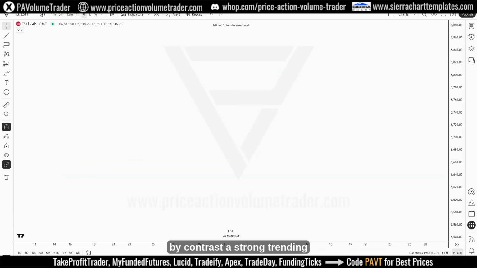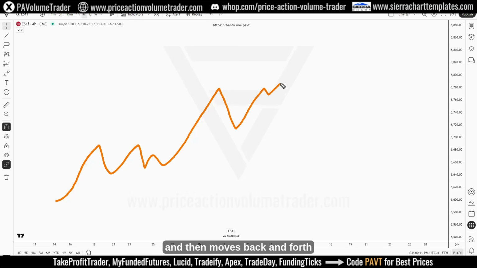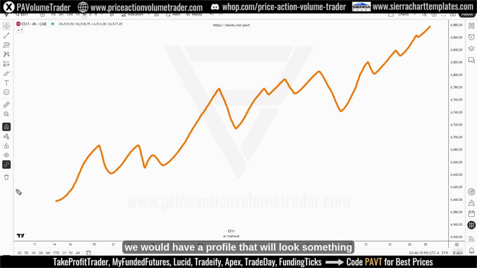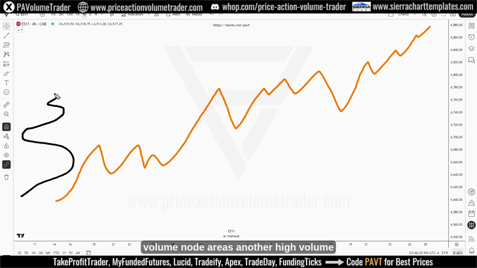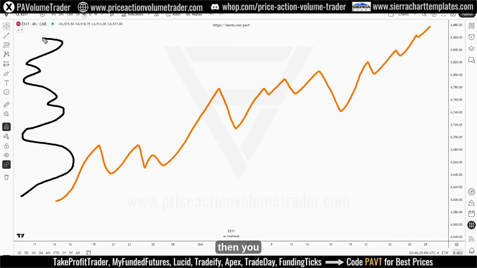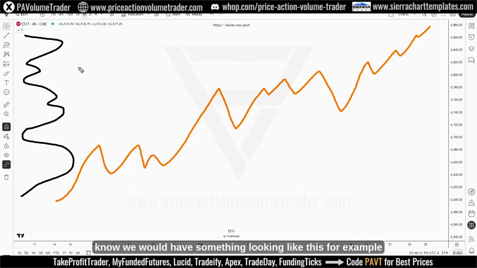If we have, by contrast, a strong trending day, one of those days with a lot of consolidations and moves back and forth that just grind and grind up, we would have a profile that looks something like this. We would have a high volume node, low volume node areas, another high volume node area, and then something looking like this.